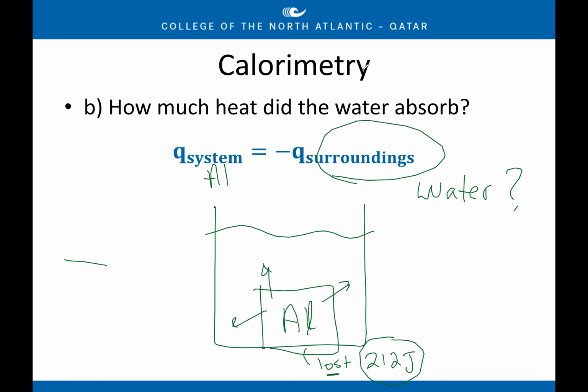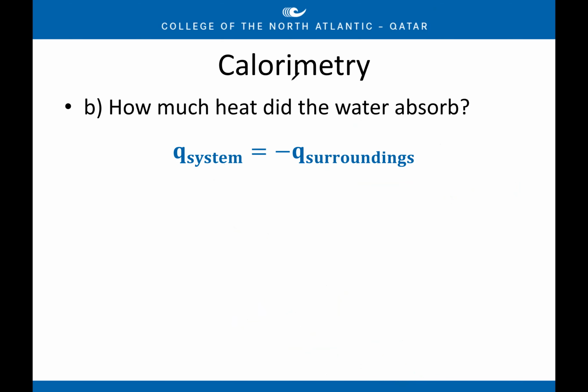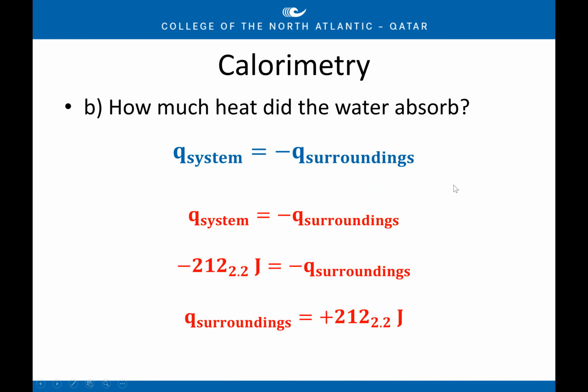So for those people in the class who are not a fan of my beautiful art, I know Harold was, there's a mathematical way to represent this. And Iman said it beautifully. The system and surroundings have the same number, but they are opposite in sign. Okay, so exact same number, opposite in sign.